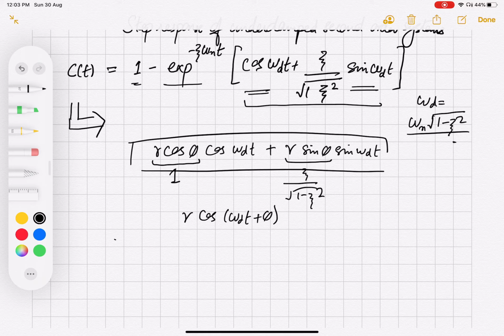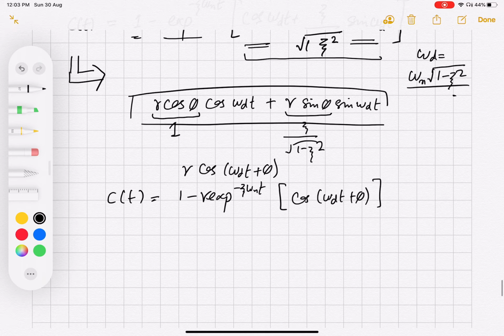So the whole expression becomes c(t) is equal to 1 minus e to the power minus zeta omega n t into r. We can take the r outside, and inside we can write the cosine term. The value for r we can obtain from these two substitutions. Since r cos phi is equal to 1 and r sin phi is equal to zeta upon under root of 1 minus zeta square, we can square and add these two terms.